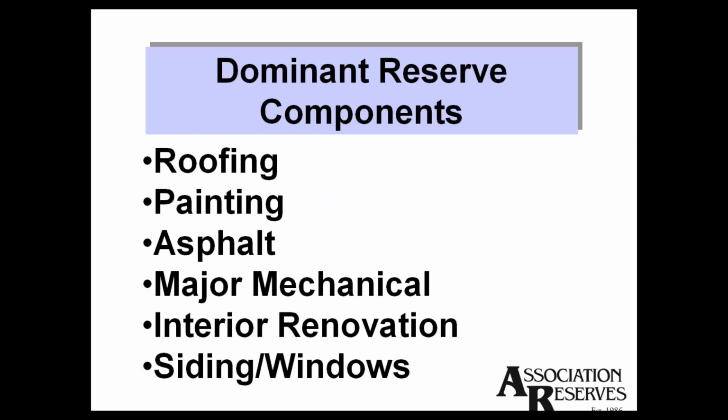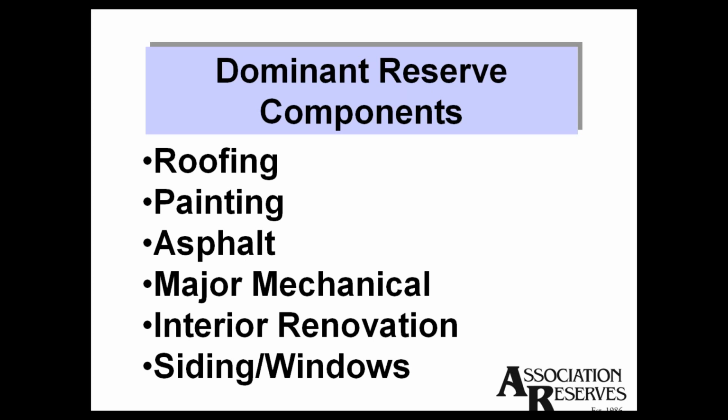Well, the dominant ones that deserve more of your time and attention vary on association type and region of the country. Now, for a typical townhome condo, the dominant components are roofing, painting, and asphalt. Usually pretty simple. If you go to cooler or moist climates, you can add siding and window or deck replacements.